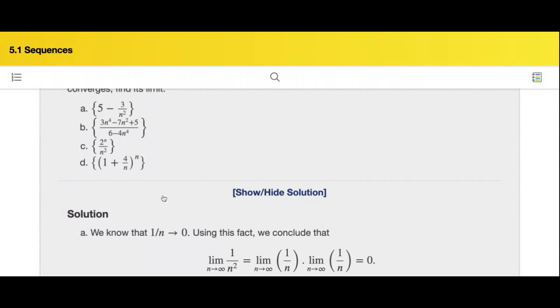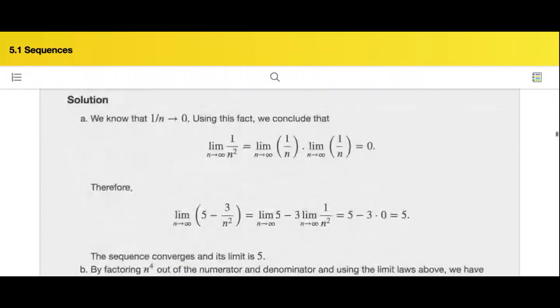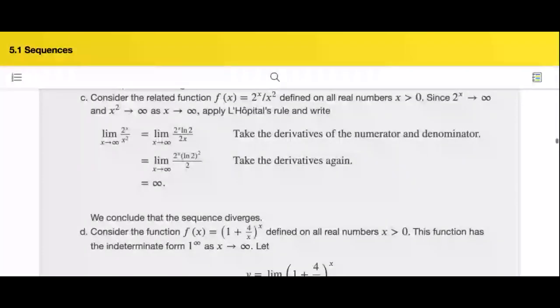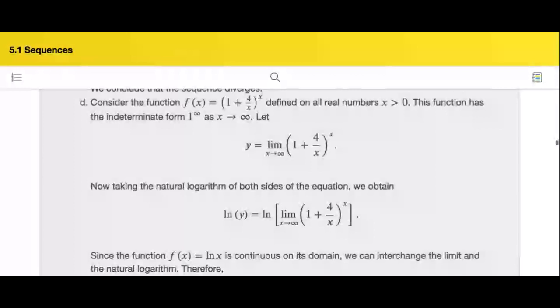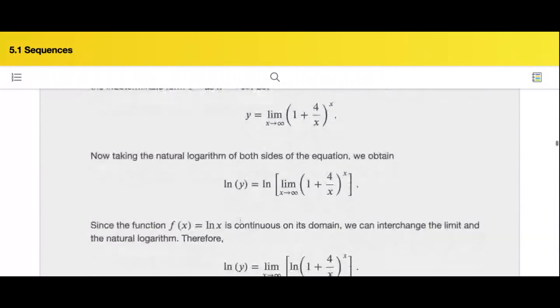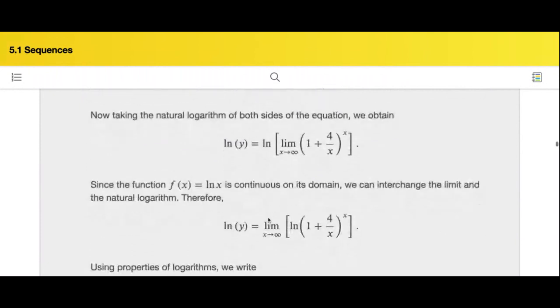So this is somehow related to the e term. When we have that, we take logs. We use log rules to do that. So we take logs on both sides, because log of limit equals limit of log, so we can switch the two positions.